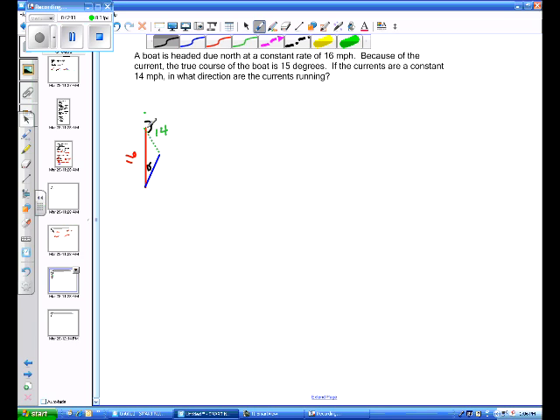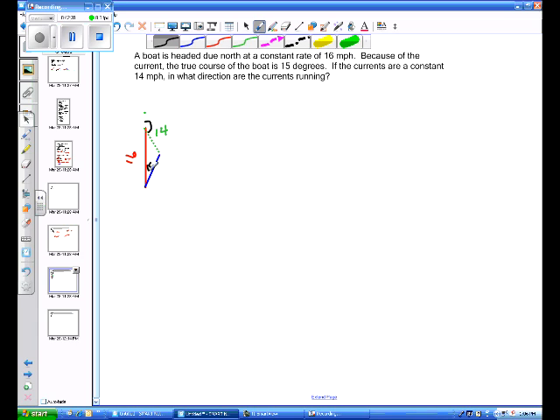But since we know this is a north-south line, because the boat was going due north, that was what the instrument said, then if we could find this angle inside, we could subtract from 180 and get what the heading of the currents was.